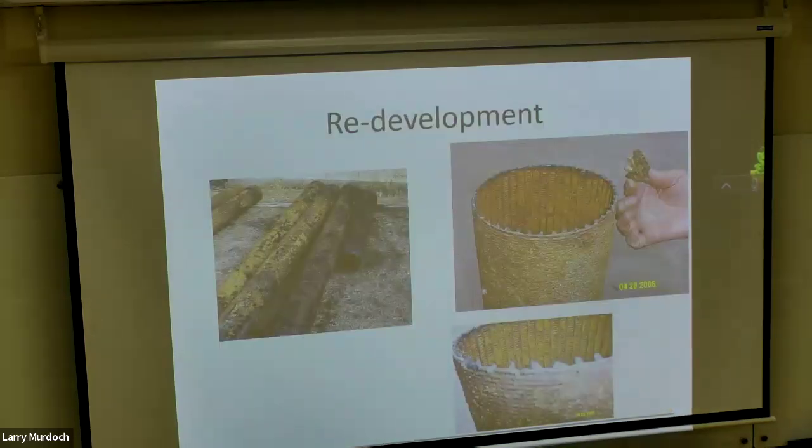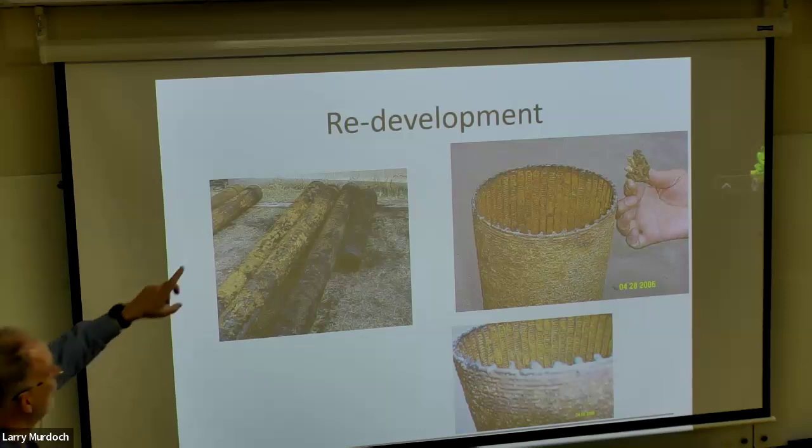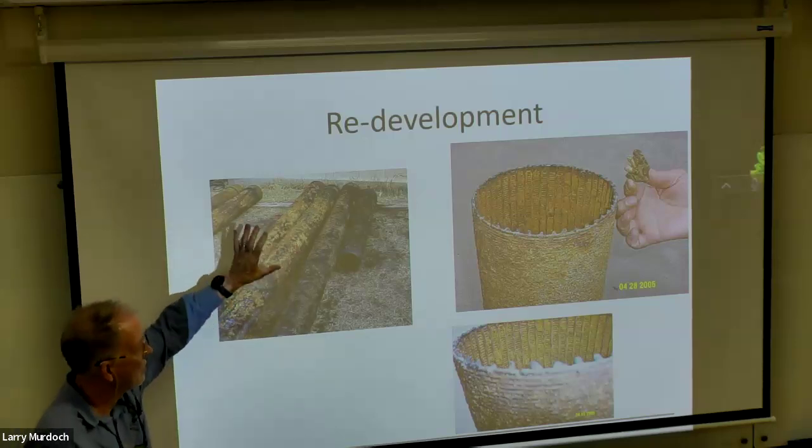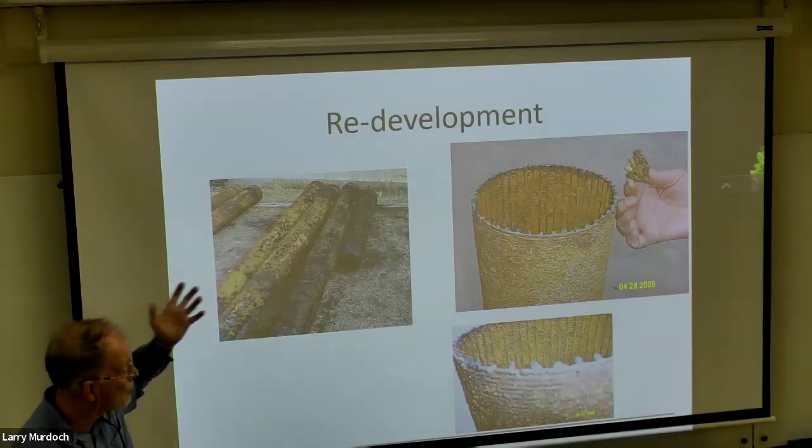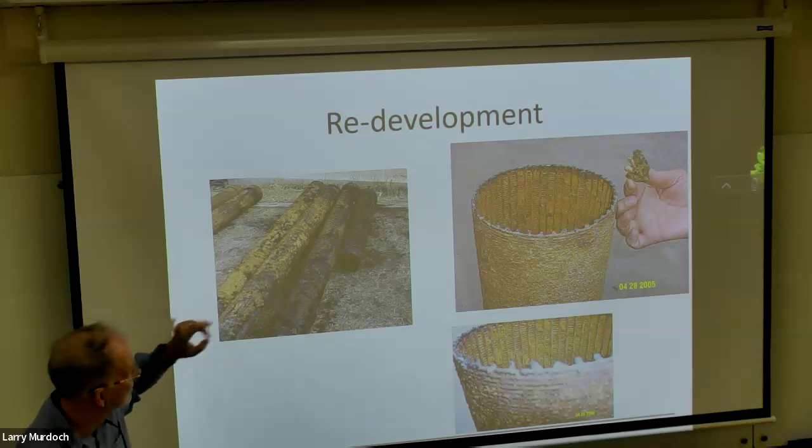So that's the development process. One thing that happens is as wells are operated, the screens can get clogged, and the formation around the screen can get clogged. So there are processes called redevelopment, where you go in and try to remove the clogging material.